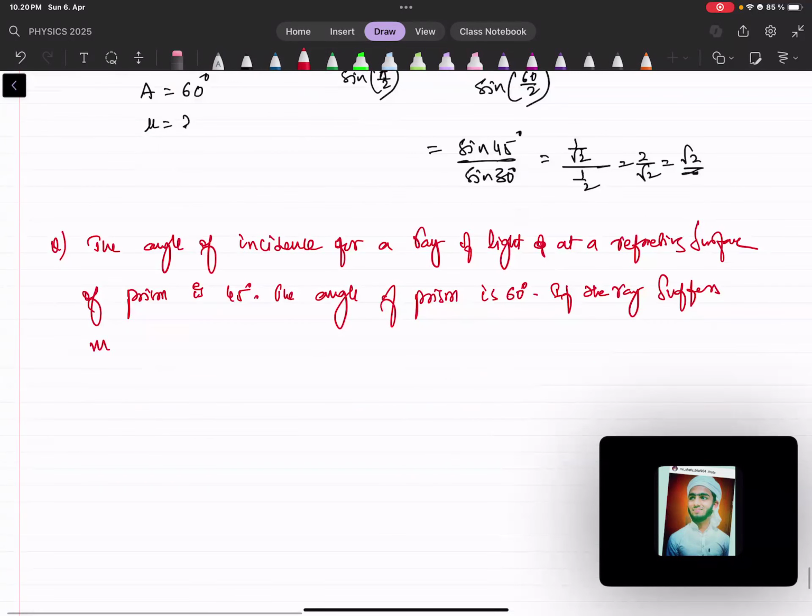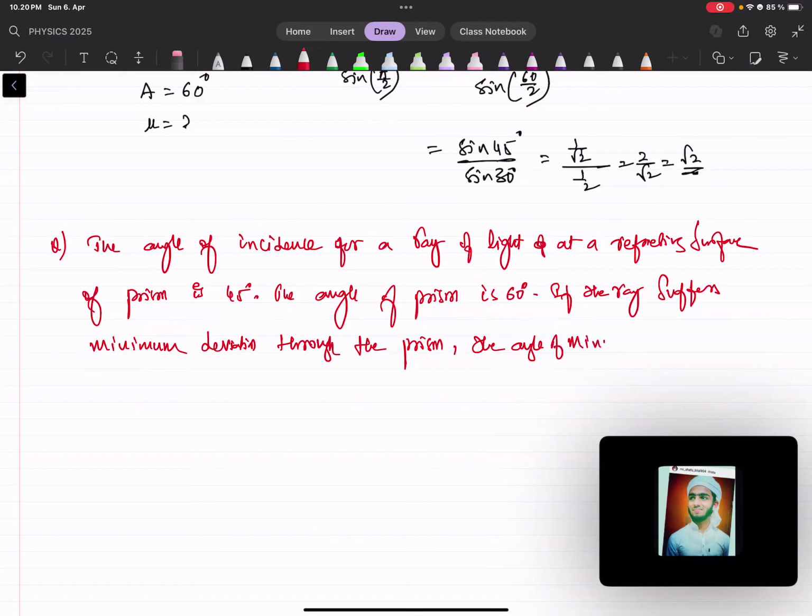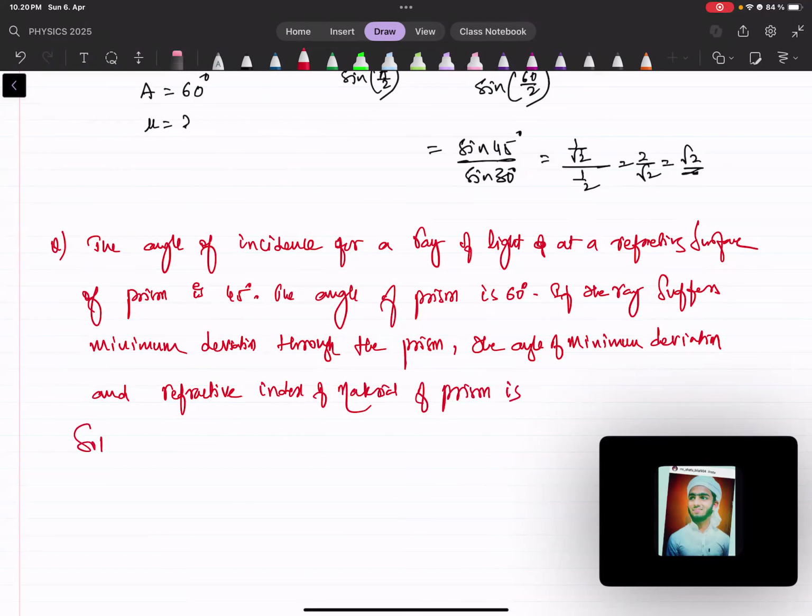If the ray suffers minimum deviation through the prism, the angle of minimum deviation and the refractive index of the material of the prism is how much? Chalo, try to do it. I'm not doing it for you. Please try to do it well.